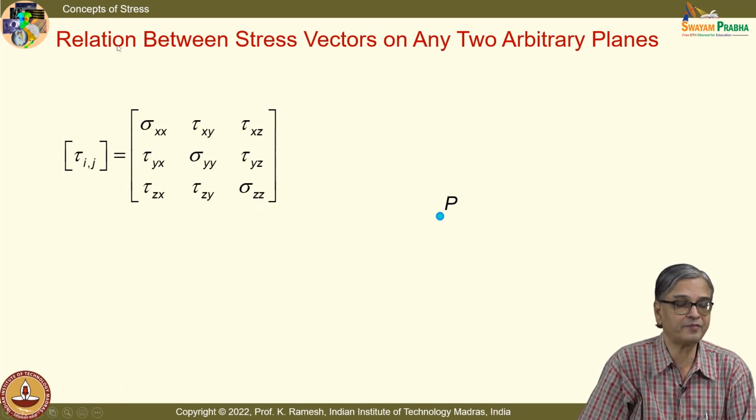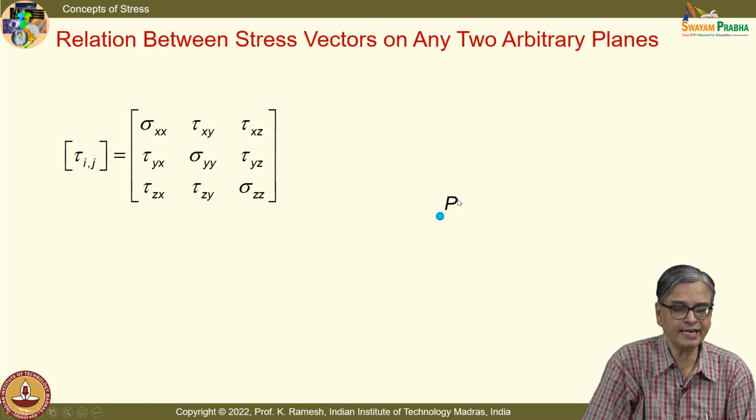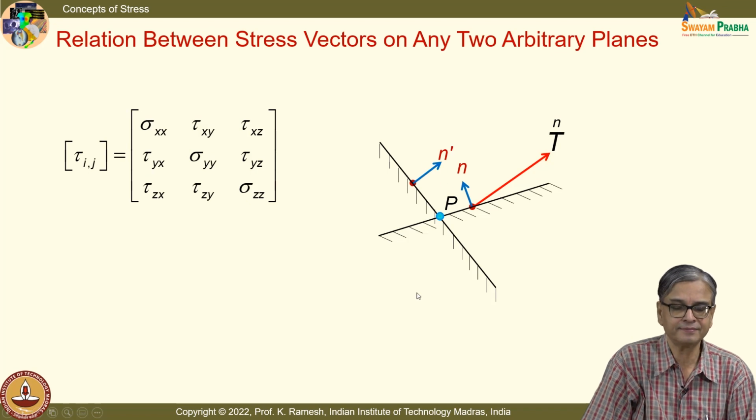what is the relation between stress vectors on any two arbitrary planes? See, this is a very useful result. I take a point P, draw this sketch. I have a plane. The plane is represented by an outward normal and it has a stress vector Tn. I can also pass another plane n prime. I have an n prime plane.